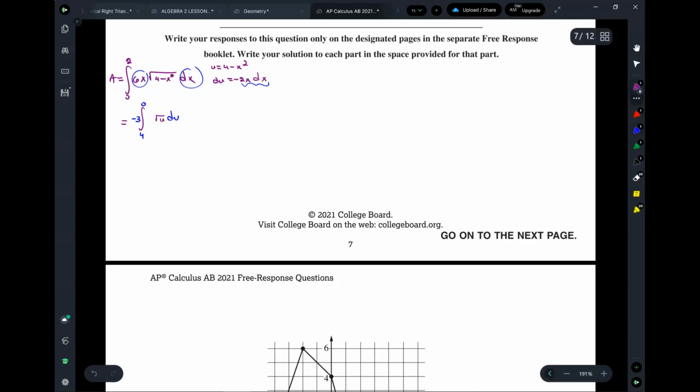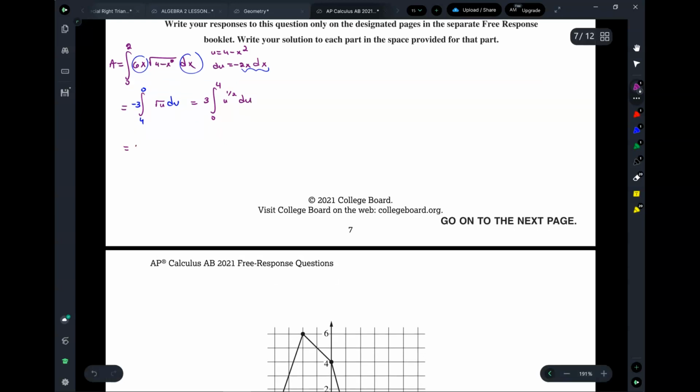Okay, so now there is a little problem here because my limits need to change, right? So I have to multiply by a negative. So this is going to be positive 3, integral from 0 to 4, u to the half du. Okay? Got to change the limits.